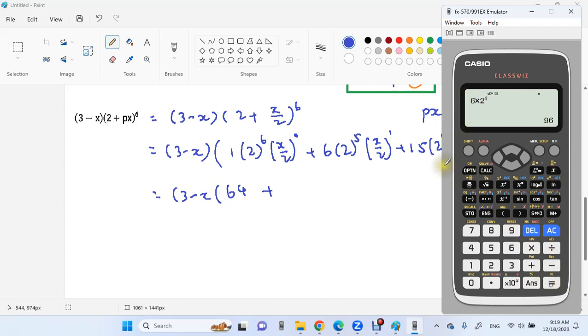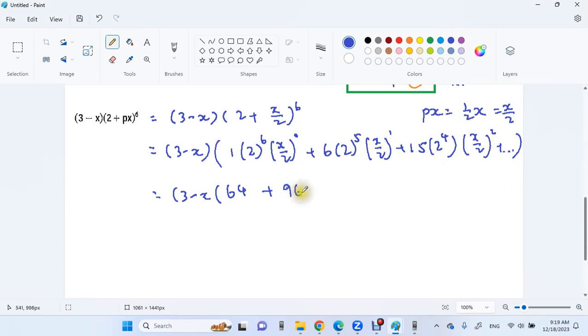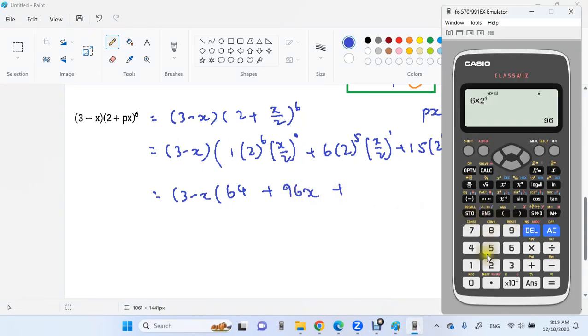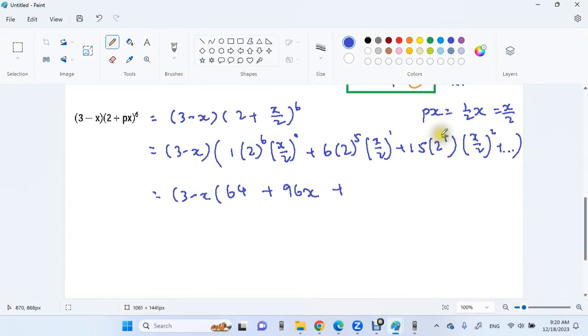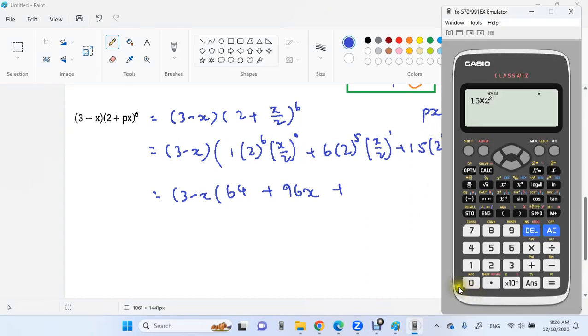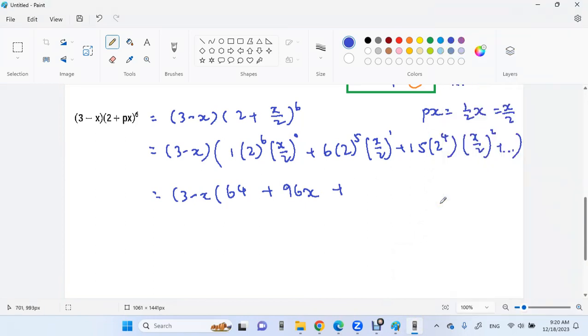So 96x, plus 15 times 2 squared. Why is it 2 squared? Because 2 power 4 divided by 2 power 2, what remains is 2 power 2. So we have 60 x squared and so on.